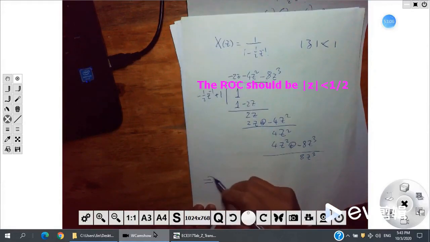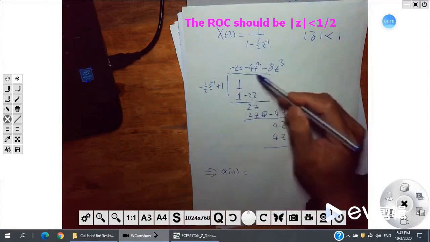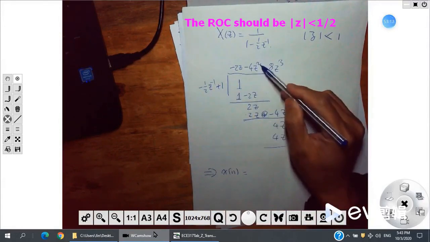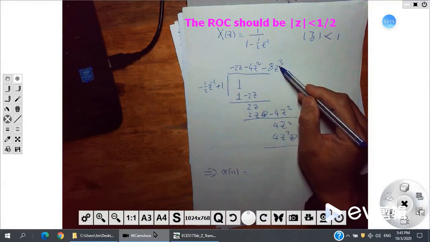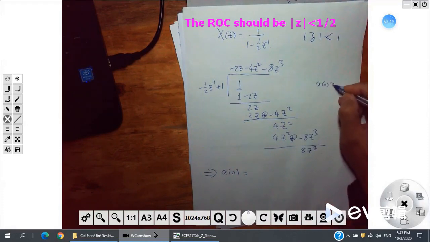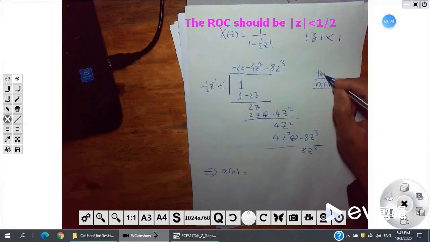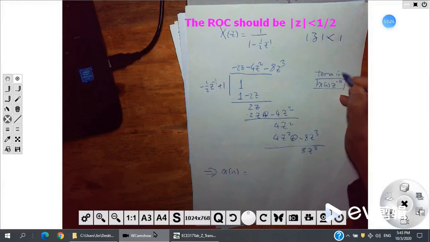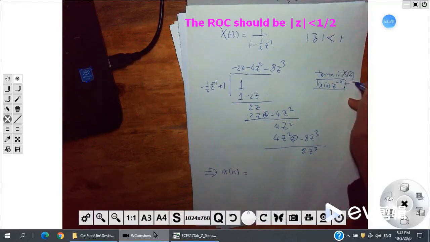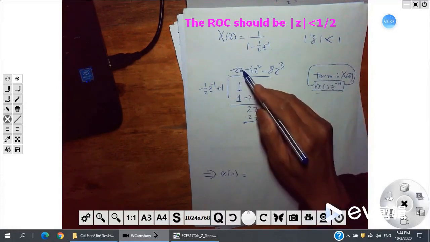Then we know x(n) will be the coefficients. Okay, here the order you see is z squared, z cubed. So this is according to, because x(n) z^-n, right? A term in X(z) looks like this. So here should be negative n, and this is z.